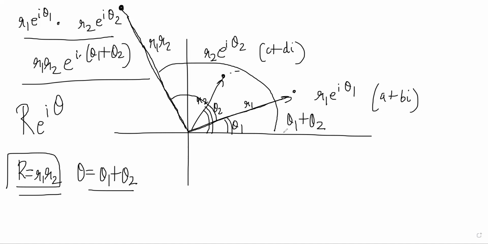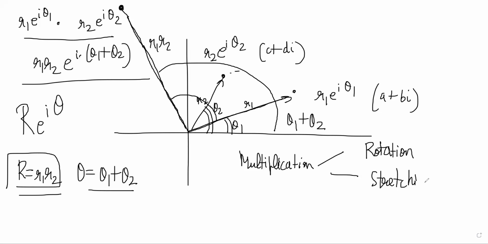So multiplication of complex numbers can be thought of as rotation plus stretching or compressing. Why stretching or compressing?